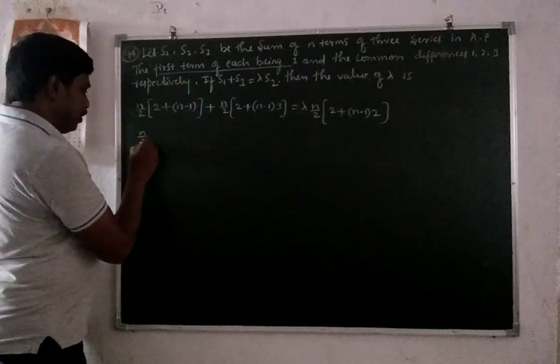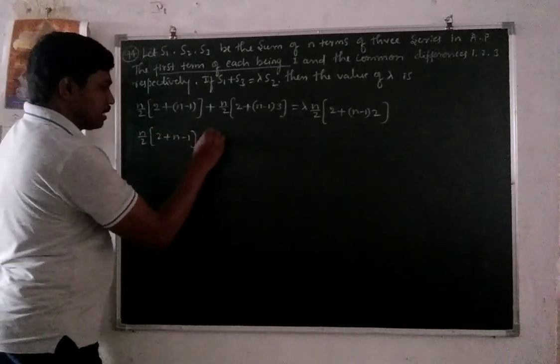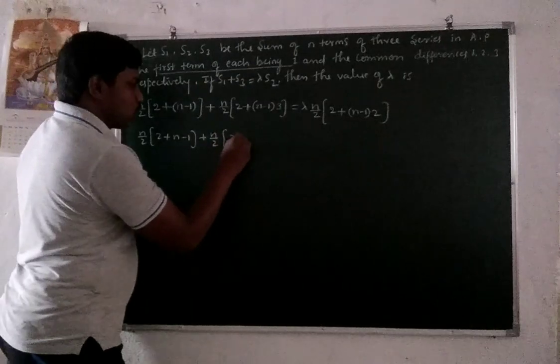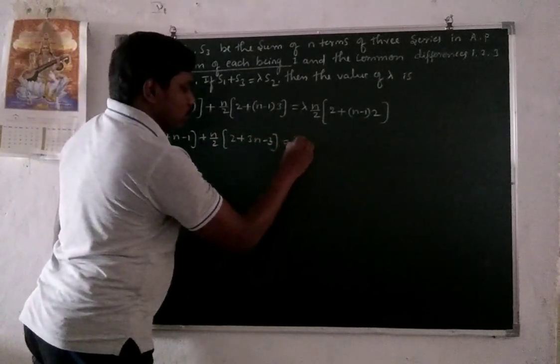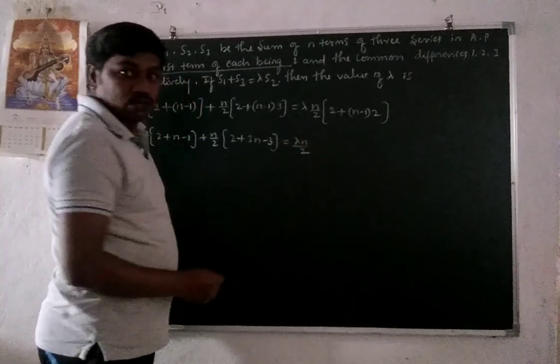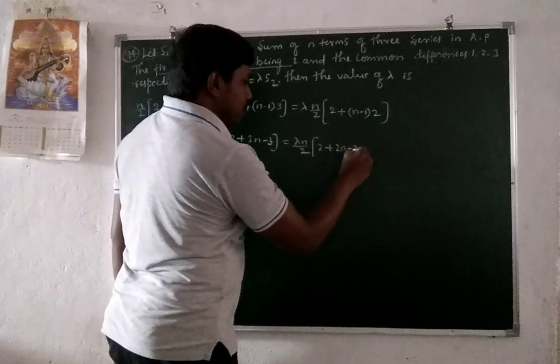So n by 2 into 2 plus n minus 1, plus n by 2 into 2 plus 3n minus 3, is equal to lambda n by 2 into 2 plus 2n minus 2.